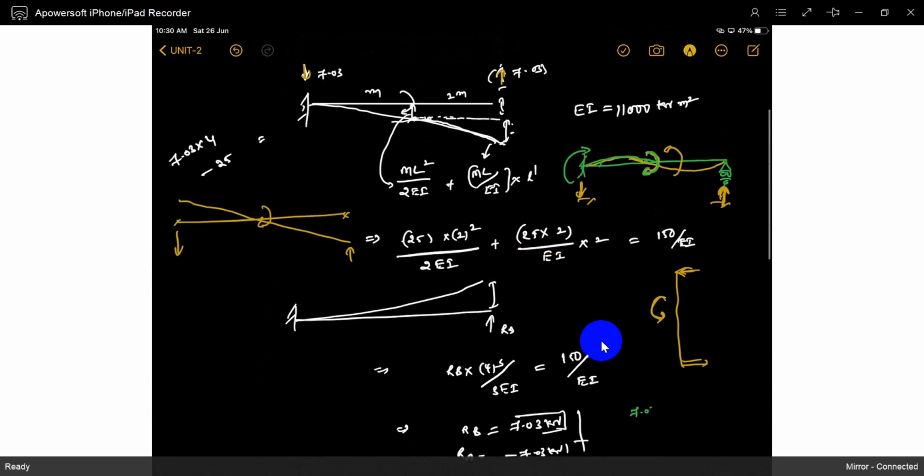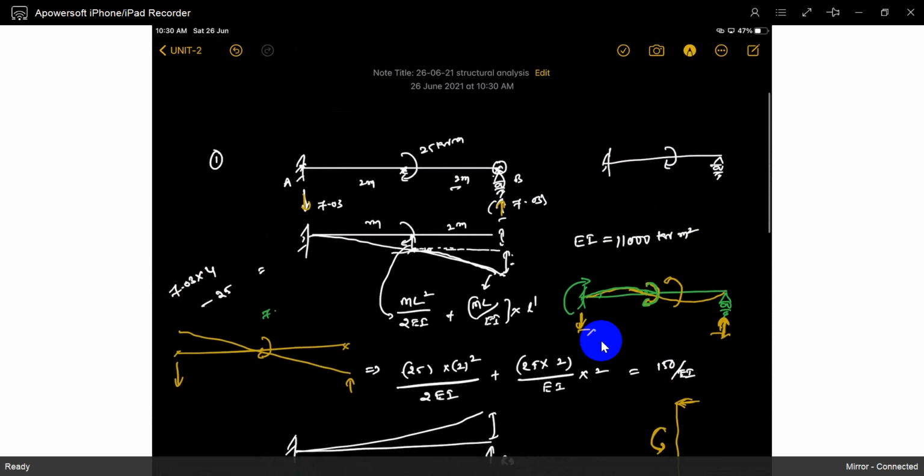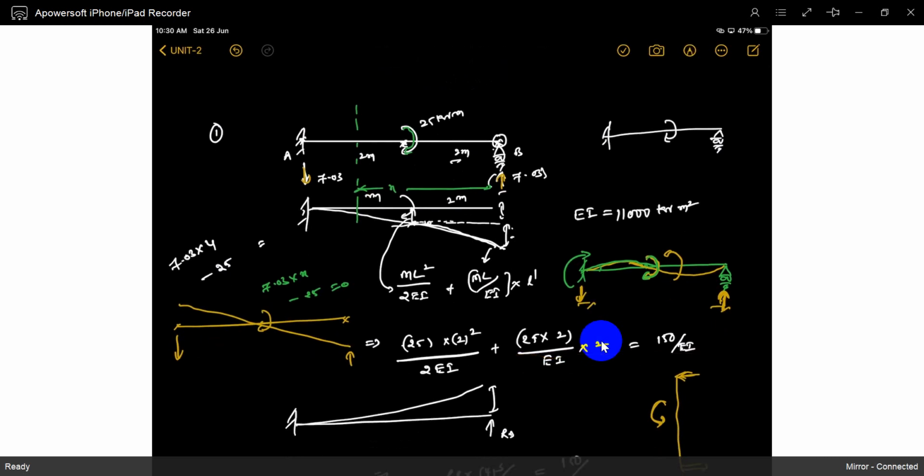So see, 7.03 into x. Somewhere it is 0, that is called x. 7.03 into x minus 25 is equal to 0. This is a moment, so do not multiply with anything. So what is that value? 25 divided by 7.03 is 3.55.